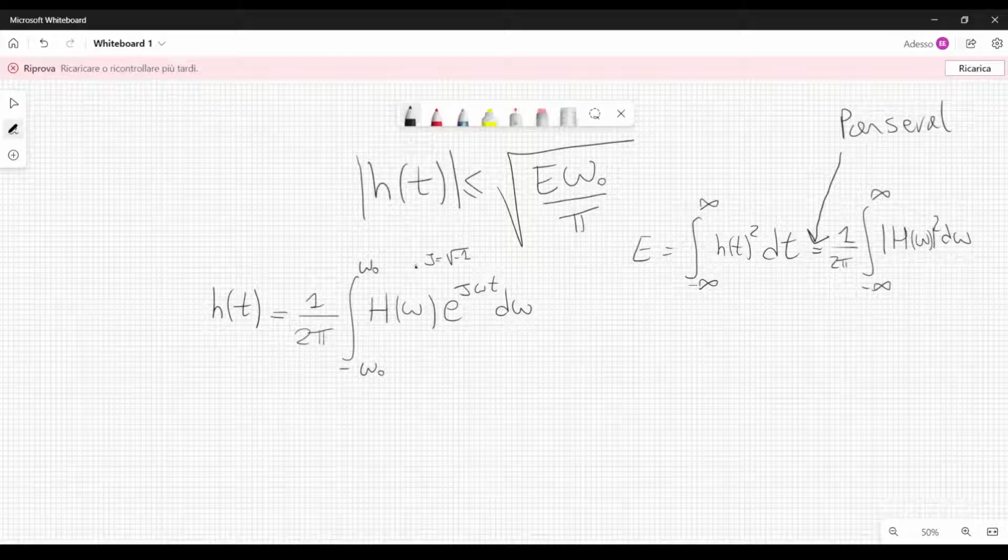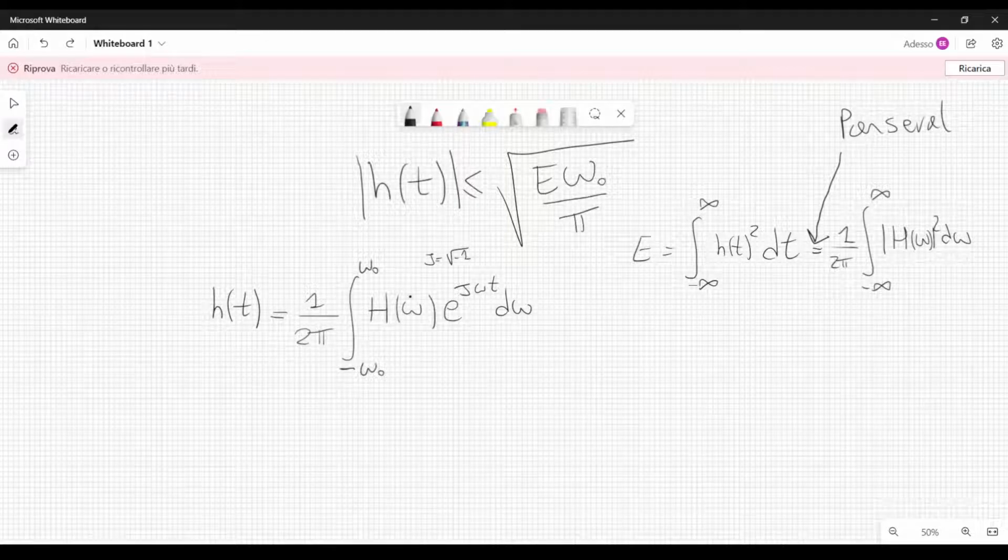The frequencies which are relevant are from 0 to omega naught if we are considering only positive frequencies, but in the complex case, since we are considering complex functions, and for the particular symmetries of this spectrum, we have to start from minus omega naught. But there are symmetries in the magnitude of this spectrum.